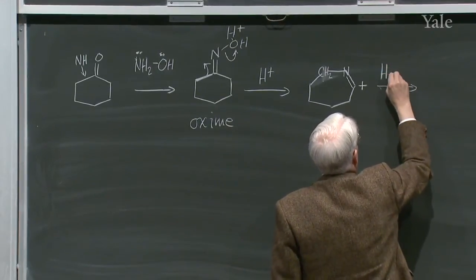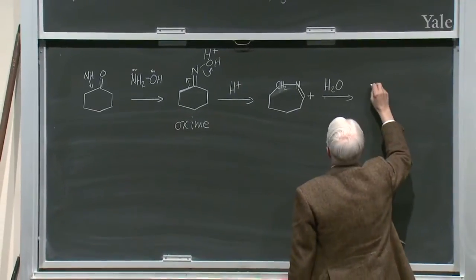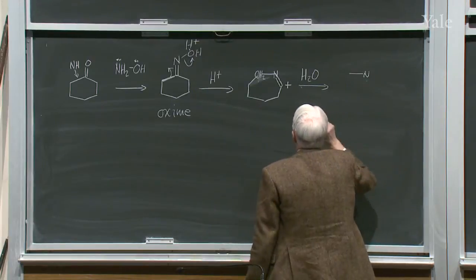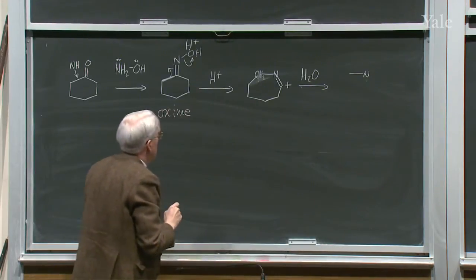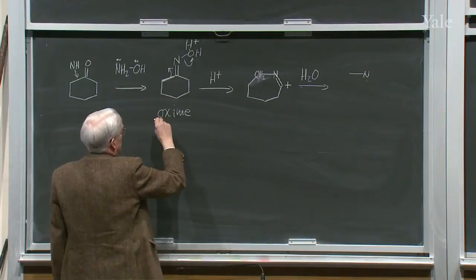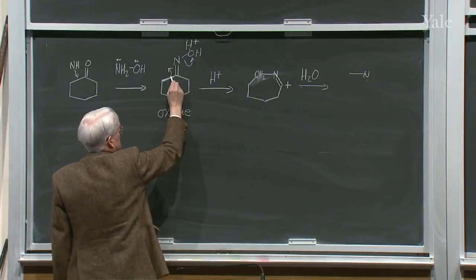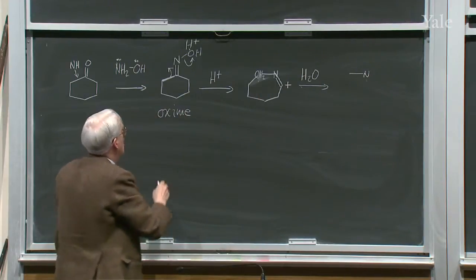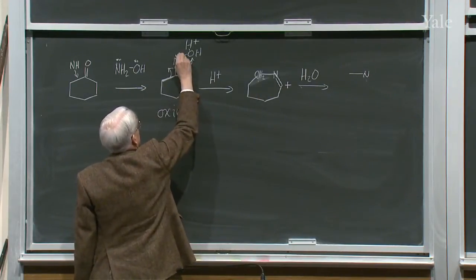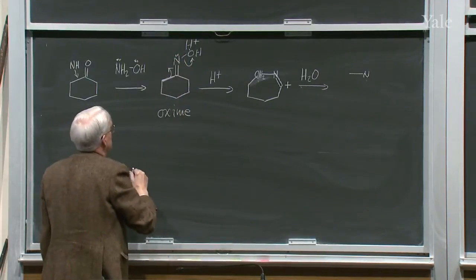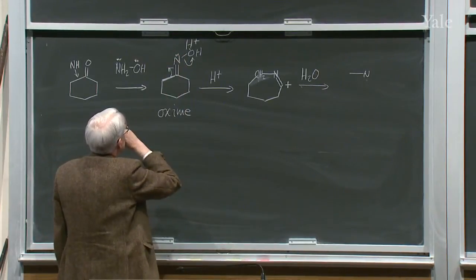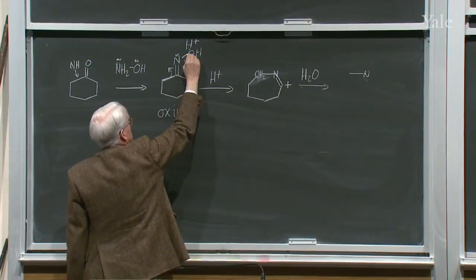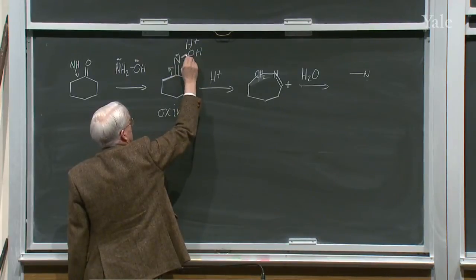So since this is done with water present, we can put water on there. Well, actually, let me draw a resonance structure of this first. Notice that it's hard to pull these electrons away to leave what would appear to be a vinyl cation, right? But remember that the nitrogen has a pair of electrons in its pi system. These electrons are displacing this, so they're coming in backside to that orbital.